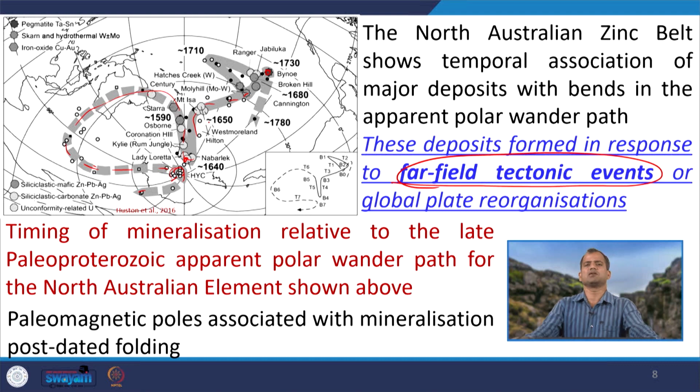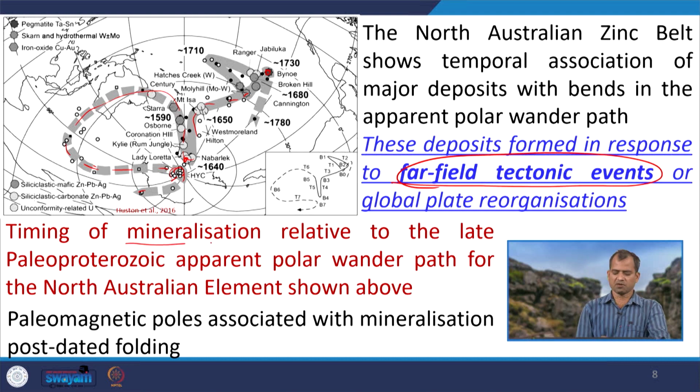This is called far field tectonics. That means a tectonic event is not occurring here, but due to the change in the Euler's pole position, the plate movement direction changes, and that changes the pressure temperature regime in the plate interior, and finally gives rise to mineral deposits.